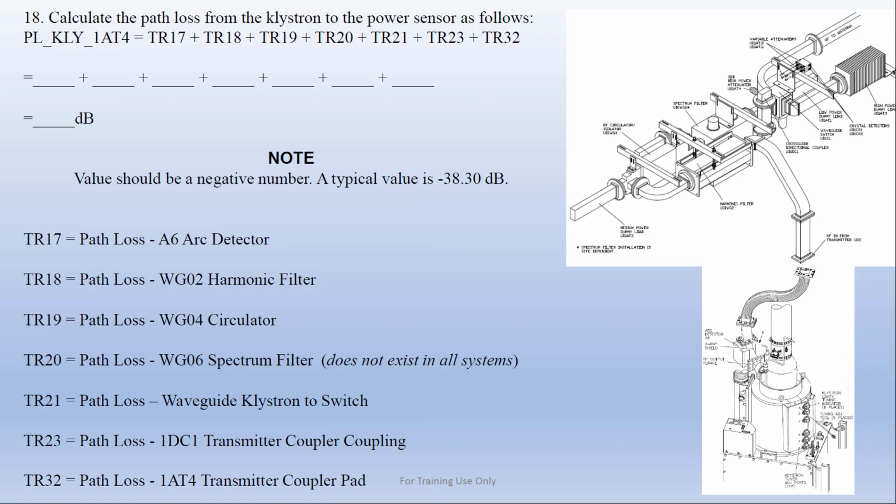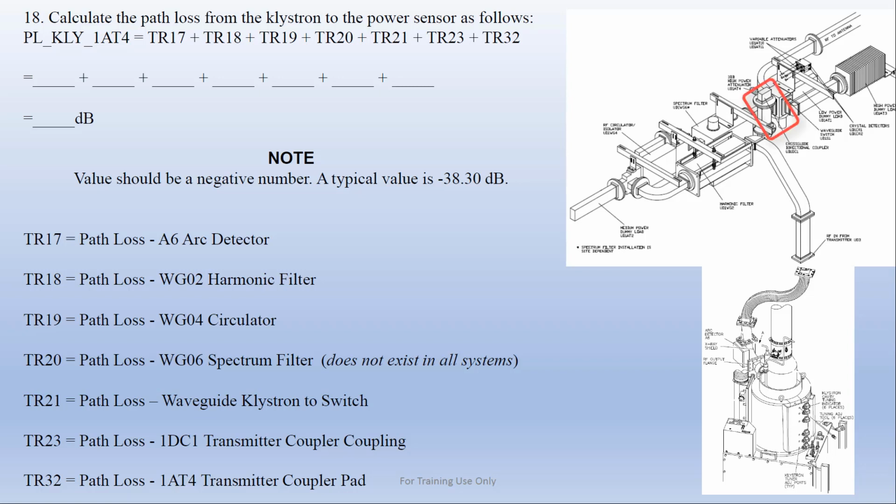On the screen here, we're showing you that TR17 is your path loss through the arc detector. TR18 is your path loss through the harmonic filter. TR19 is a path loss through the circulator. If you've got a spectrum filter, it's represented by TR20. There is a miscellaneous loss, or correction, called TR21.